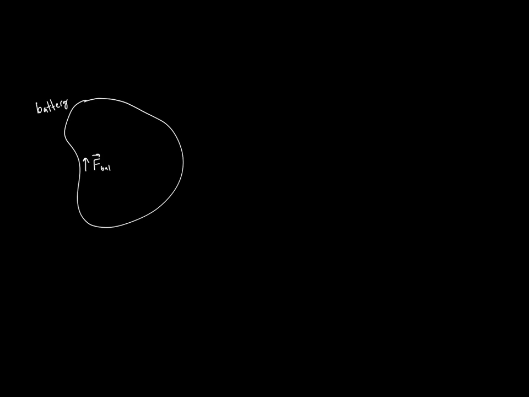So F sub bat, and in general, it's a function of x, y, z coordinates. It's important to remember that this force, F sub bat, exists only in the battery. Outside the battery, the force is 0, and in general, this force is non-conservative.